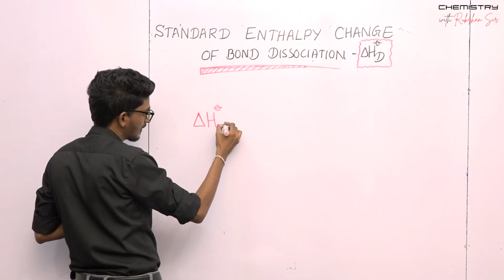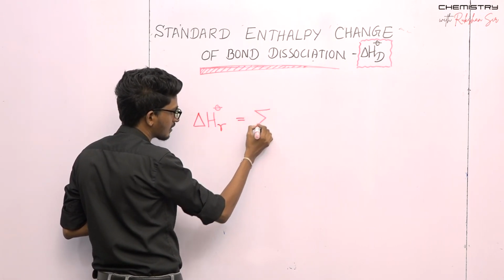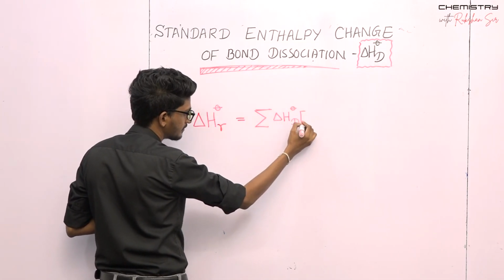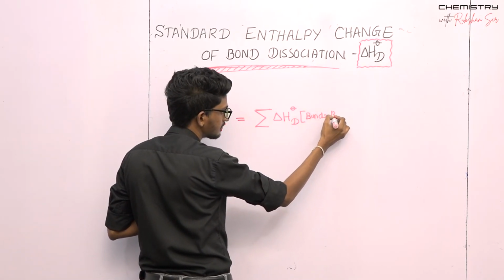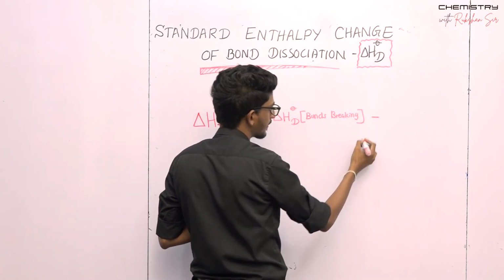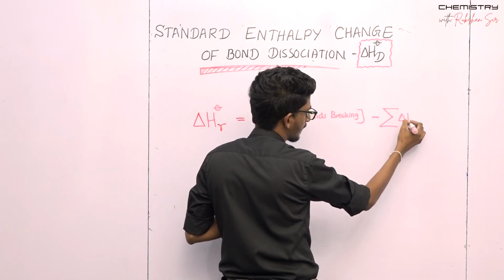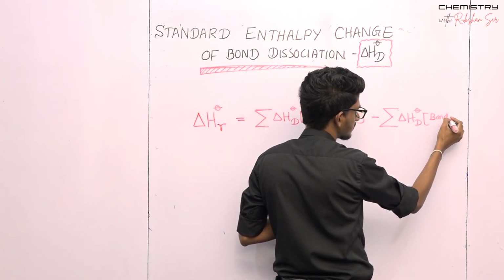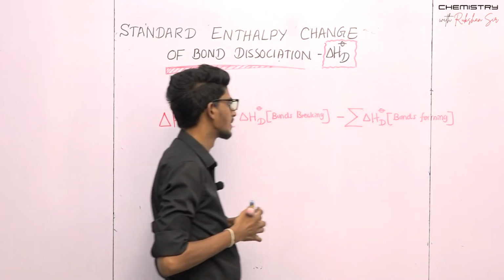So delta H naught R is equal to the summation of bond dissociation enthalpies of bonds breaking, minus the summation of bond dissociation enthalpies of bonds forming, right?